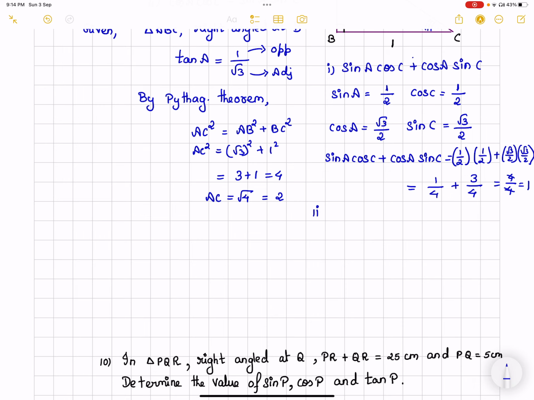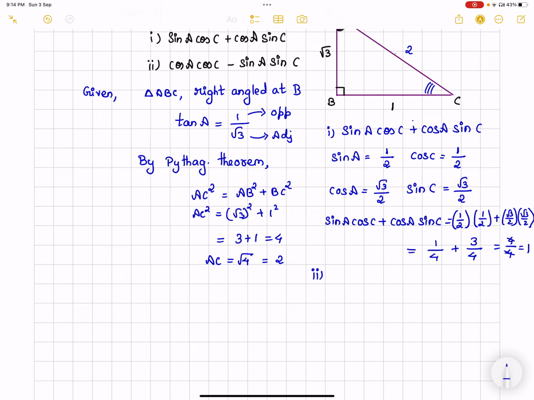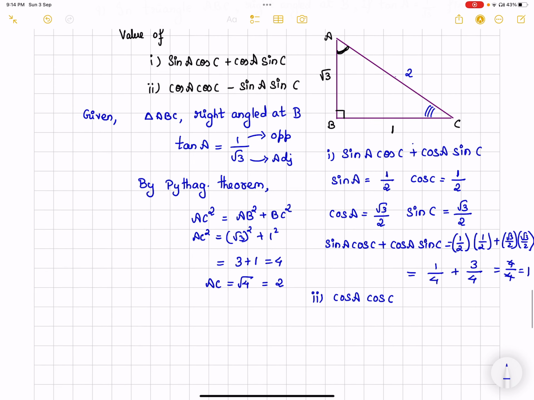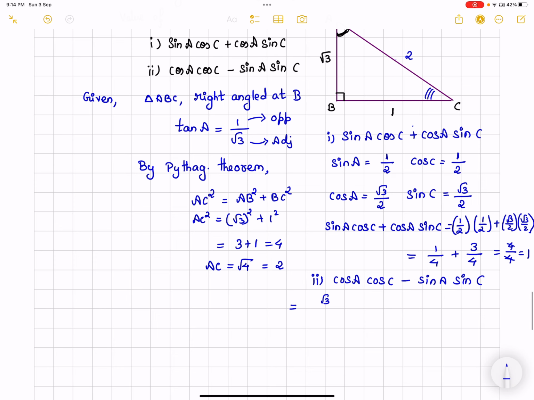So second subdivision. Cos A cos C. I'm not going to find out again because we already have all that. Using that, we are going to do minus sin A sin C. Cos A value we have already found out, root 3 by 2.